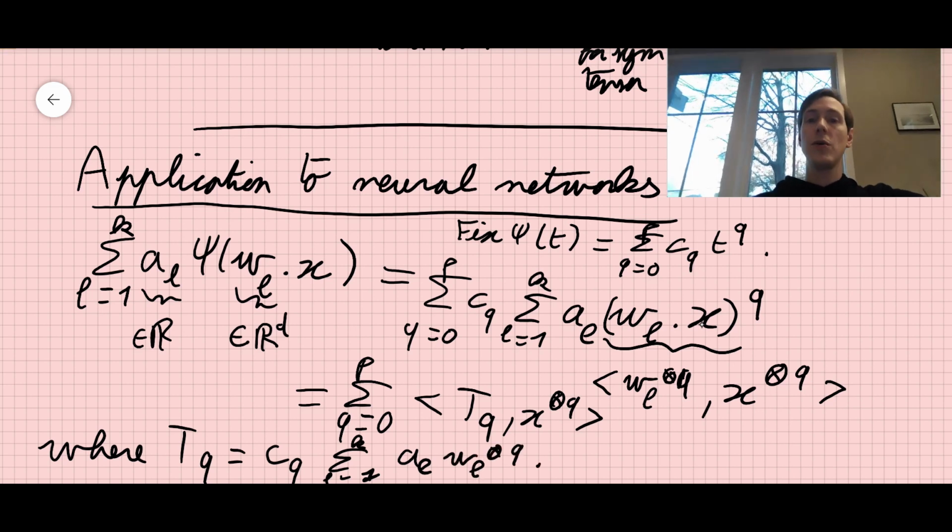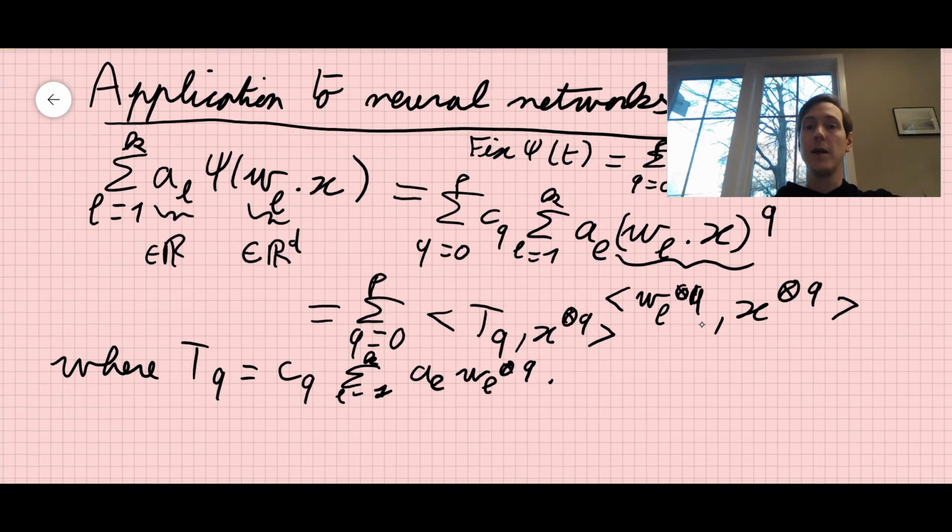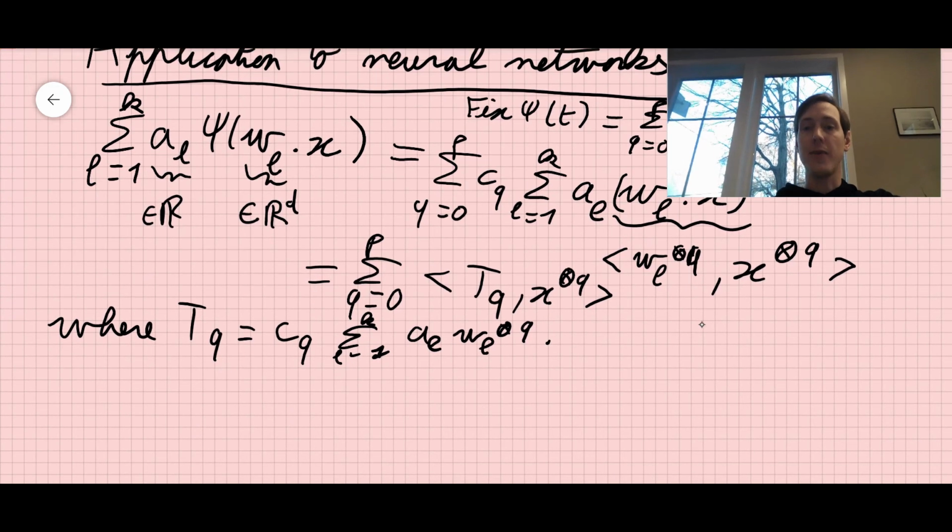So a one hidden layer neural network with a polynomial nonlinearity is nothing but a sum of tensors applied to the corresponding embedding of x into the tensor power, the corresponding power.